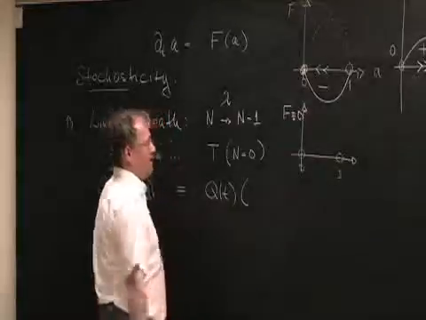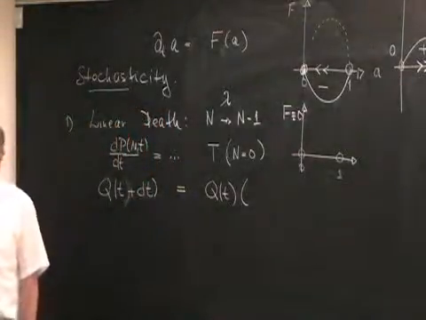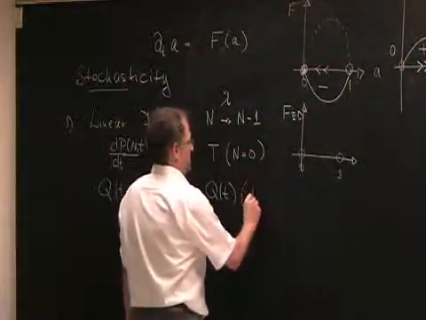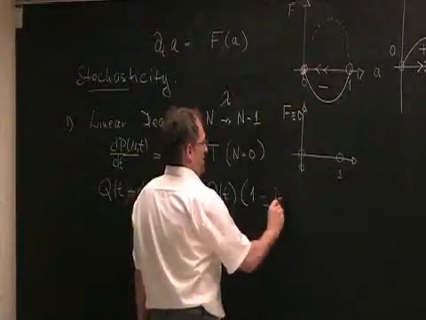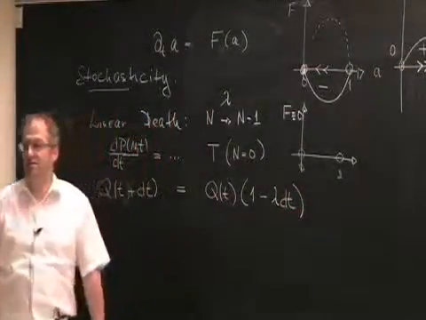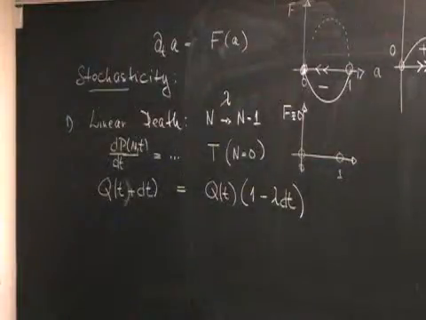And I have to multiply this by the probability that during this little time interval dt it did not die. And that's 1 minus the probability of dying, which is the rate times the time interval dt. That's a very simple argument.